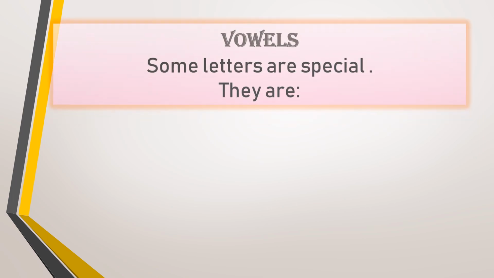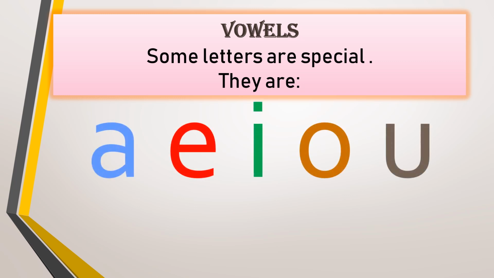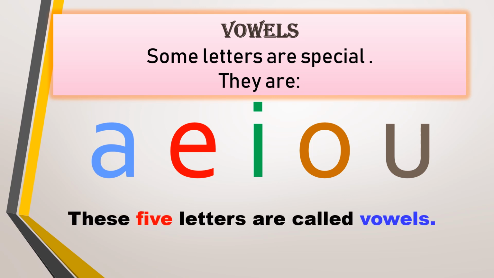We have here to learn about vowels. Some letters are special. They are called vowels. So let us see which letters are called vowels. A, E, I, O, U. Once again, A, E, I, O, U. These are 5 letters, so they are called vowels.